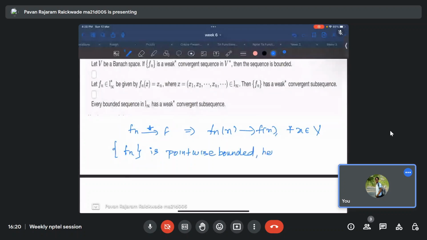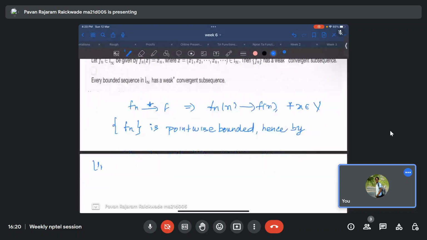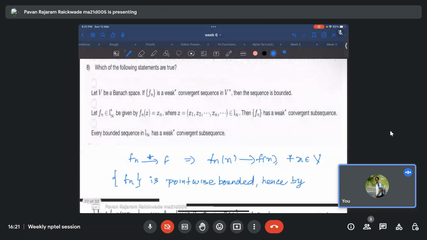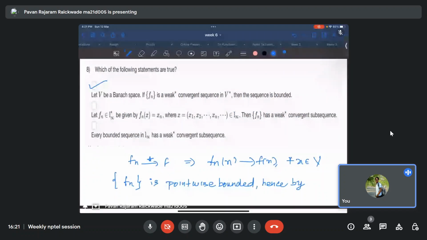V is Banach, hence by the uniform boundedness principle, this Fn is bounded. This is just an application of the definition of weak star convergence and the uniform boundedness principle.